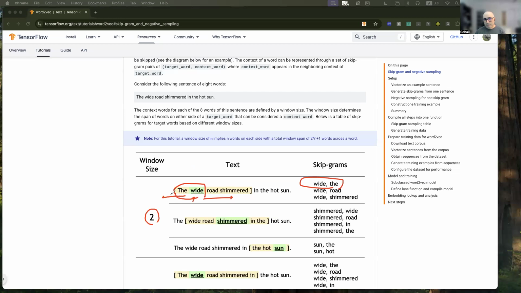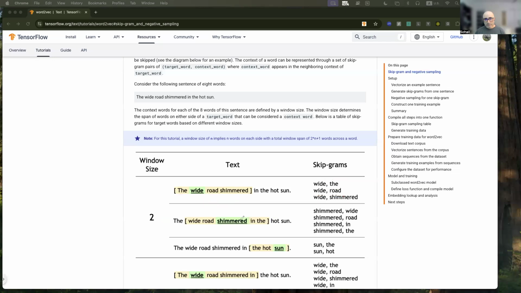There's only one word to the left, and we have 2 words to the right of this white target. So we have white road and white shimmered, which are in our window size of 2. You can change that window size as much as you want, based on the length of the sentence that you have.